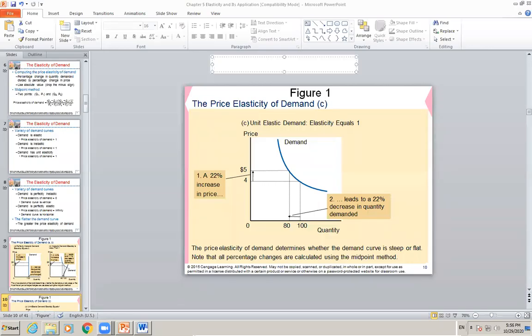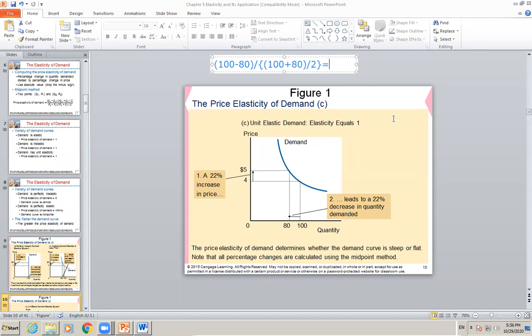Now, it changes from 100 to 80, which means 100 minus 80 divided by 100 plus 80, and this all divided by 2. And of course, this is in big brackets, and this is in brackets as well. This is the change in quantity.